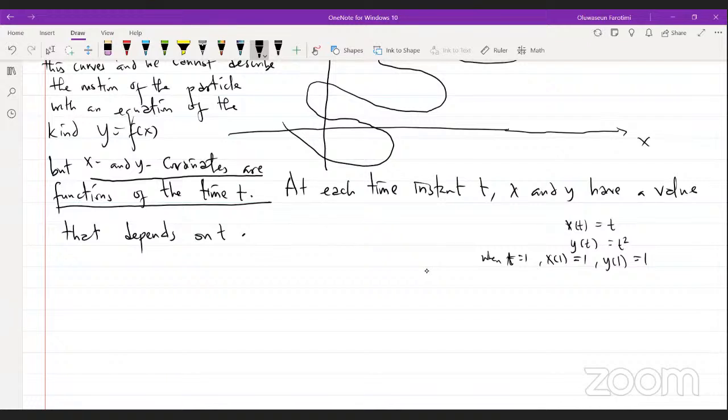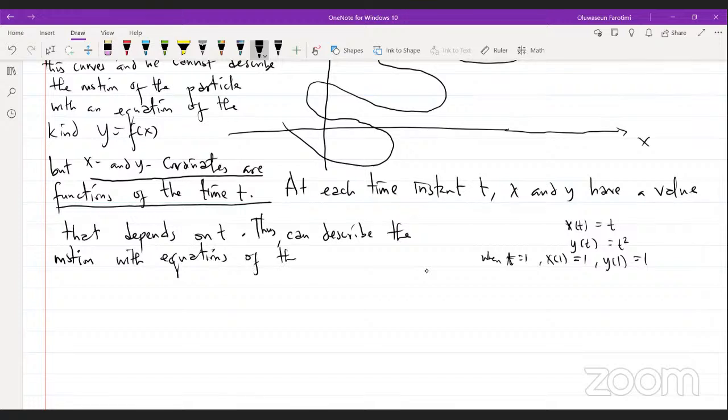Thus, this can describe the motion with equations of the form: you have your x of t, which is a function of t, and my y of t.